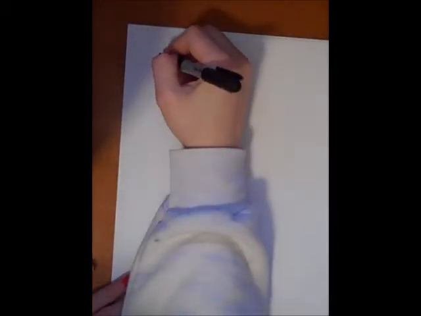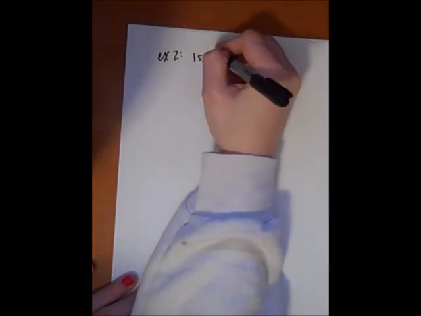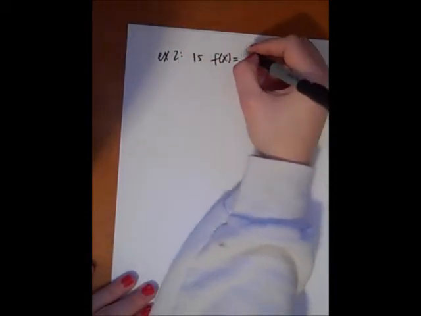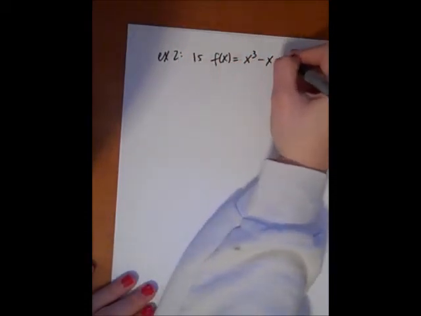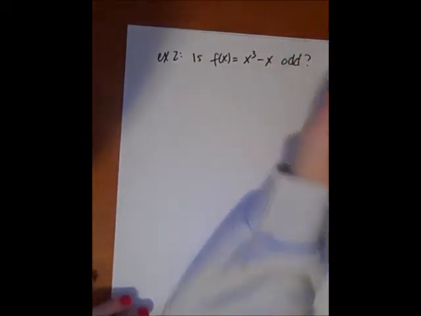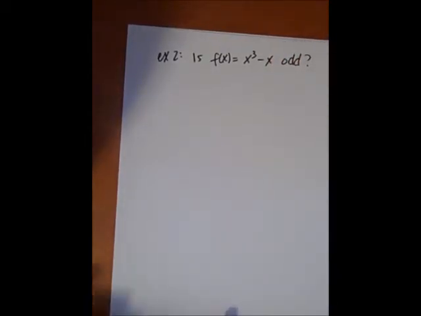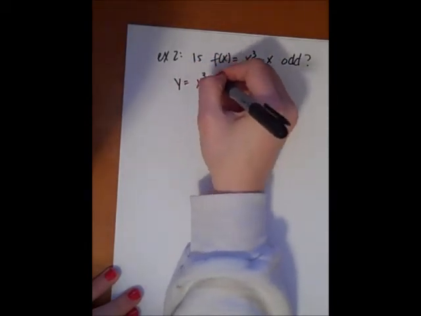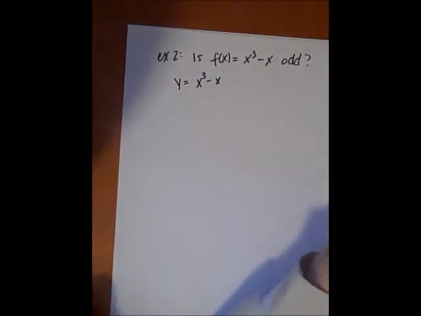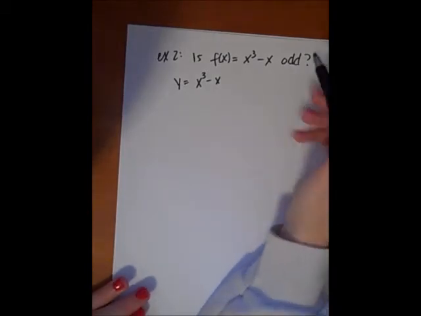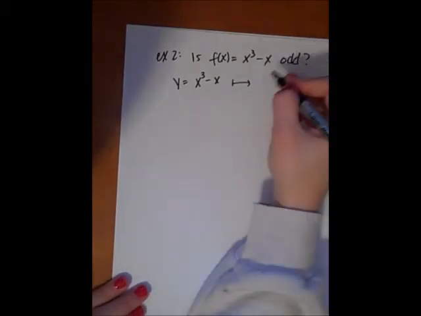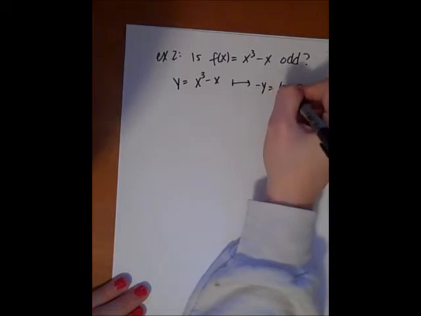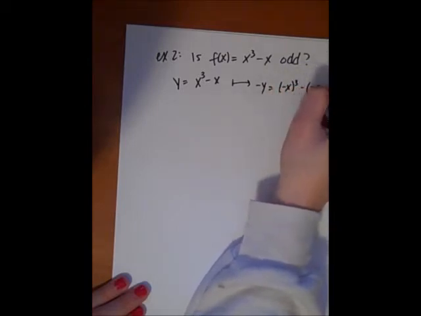Okay, let's try a different one. Example 2 is f of x equals x cubed minus x, odd? So let's go through our steps here. I'm going to set y equal to x cubed minus x. Now I'm testing for odd, so I replace y and x with the negative ones. So negative y equals negative x cubed minus negative x.